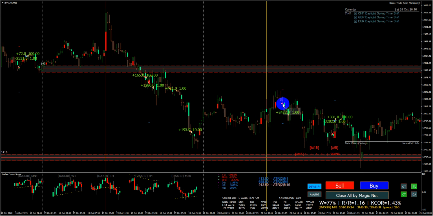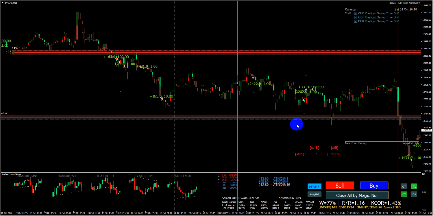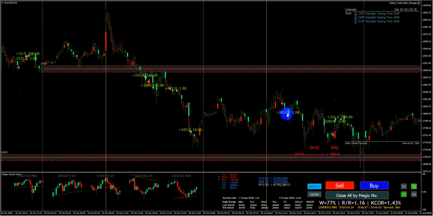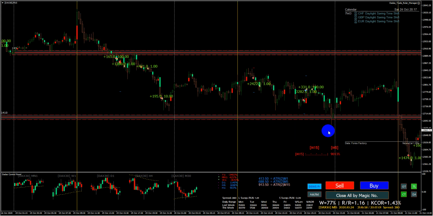I jumped in at a very nice short right here for 24 pips, and I could have waited a little bit longer, and here I would have even gotten my take profit, but as usual the price did something strange, so I decided that 24 pips is a very nice one, probably one of the biggest winning trades in pips for the week.